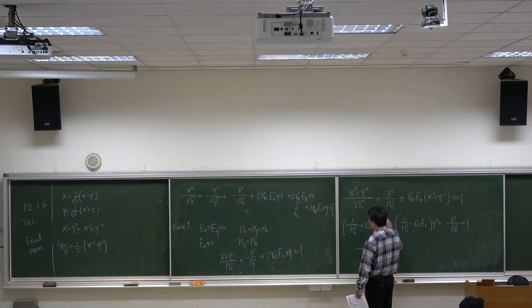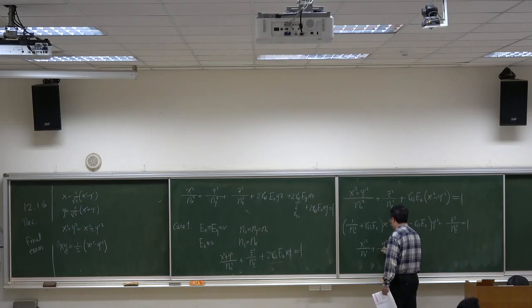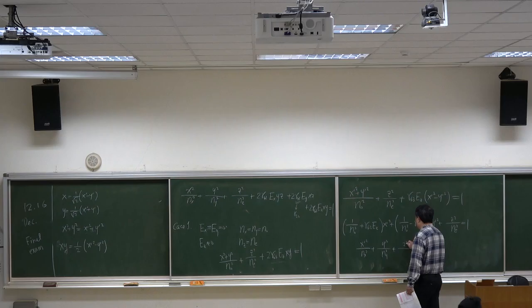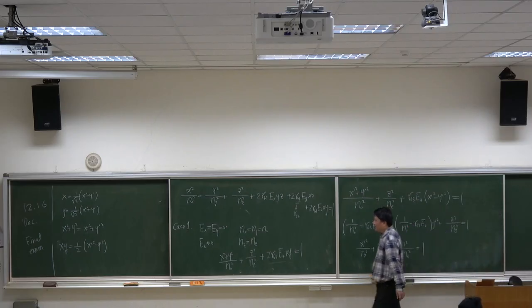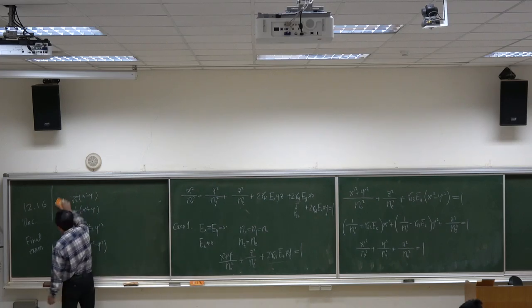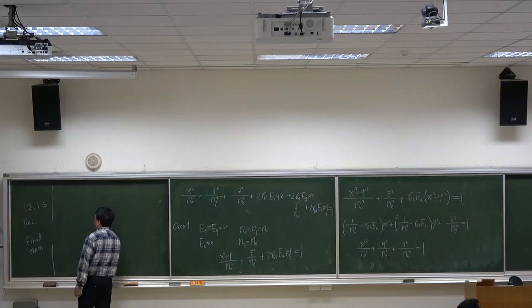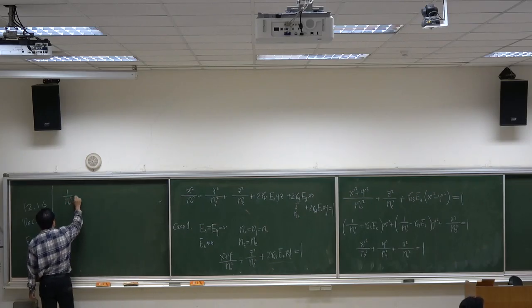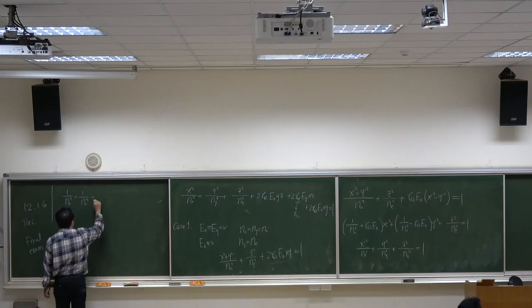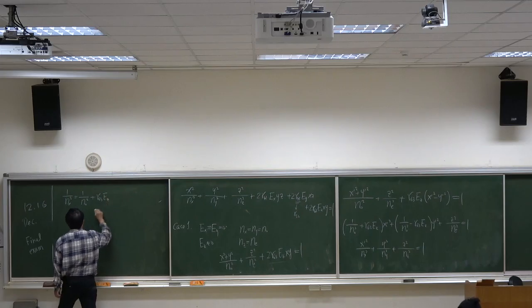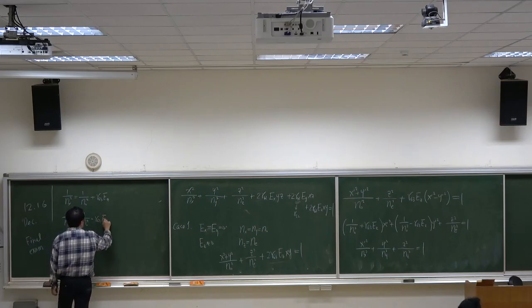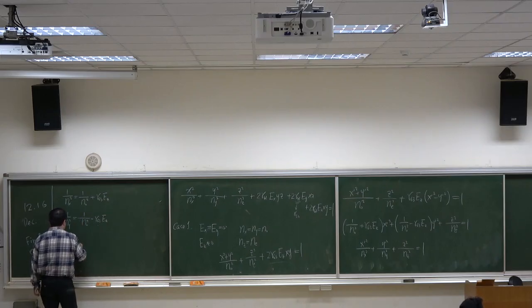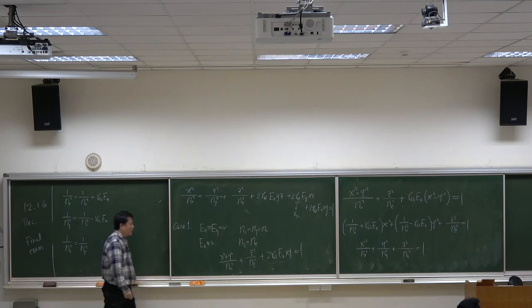Now we can rewrite this equation in this form, which means 1 over nx prime squared equals 1 over no squared plus R63 Ez, and 1 over ny prime squared equals 1 over no squared minus R63 Ez, and 1 over nz squared is just the original 1 over ne squared.